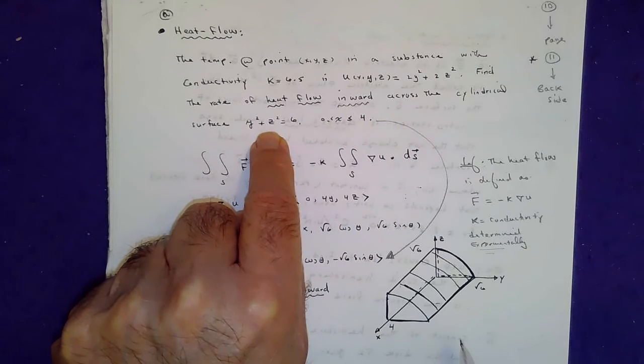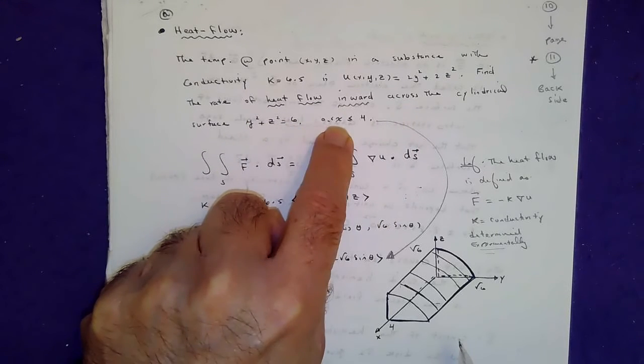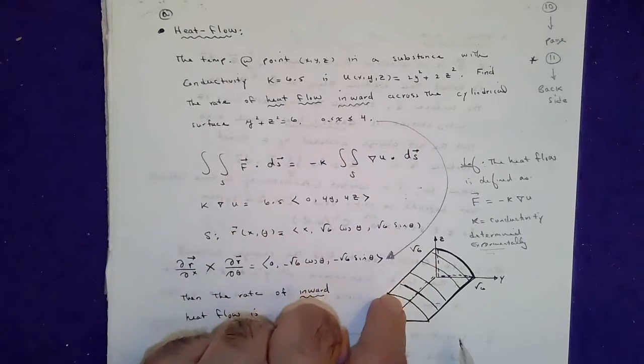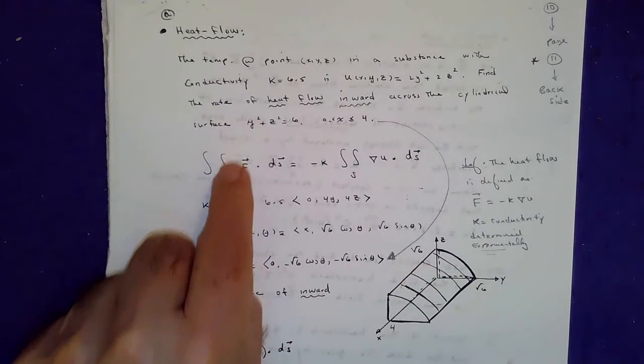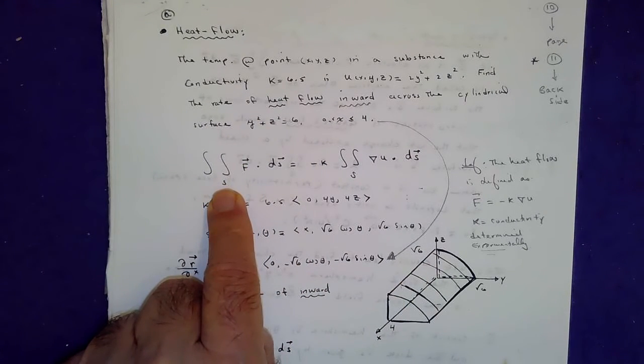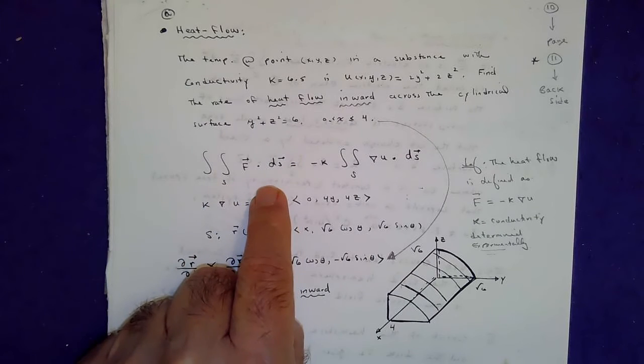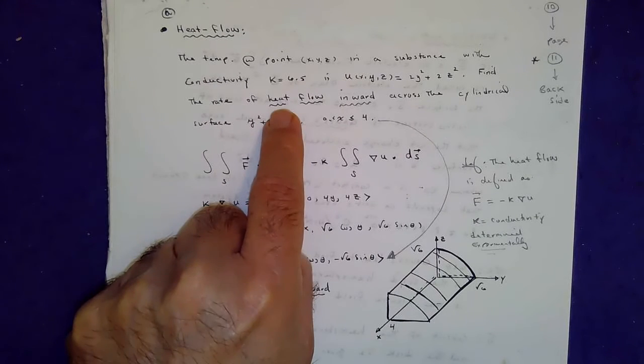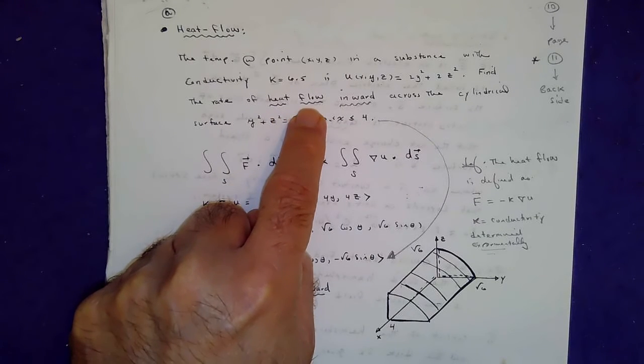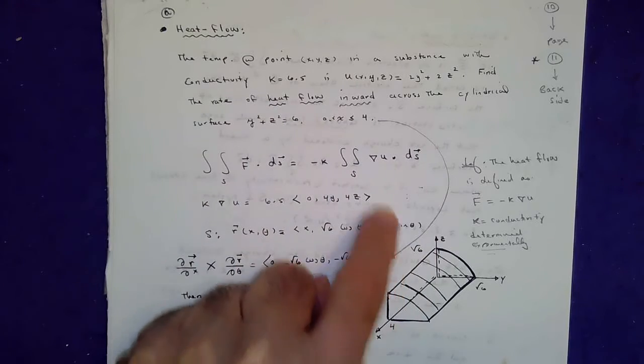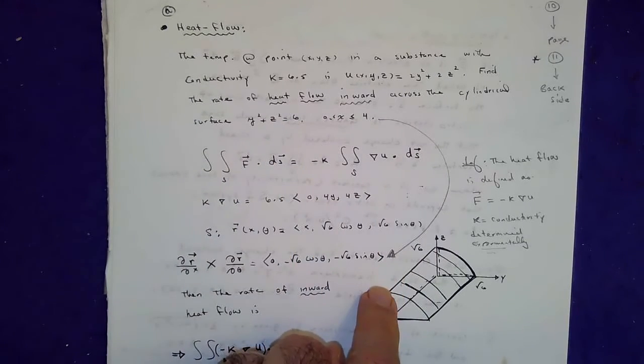y squared plus z squared equals 6, where x goes from 0 to 4. Notice I have to use a surface integral over the vector field in order to find the rate of the heat flow inwards across the cylinder.